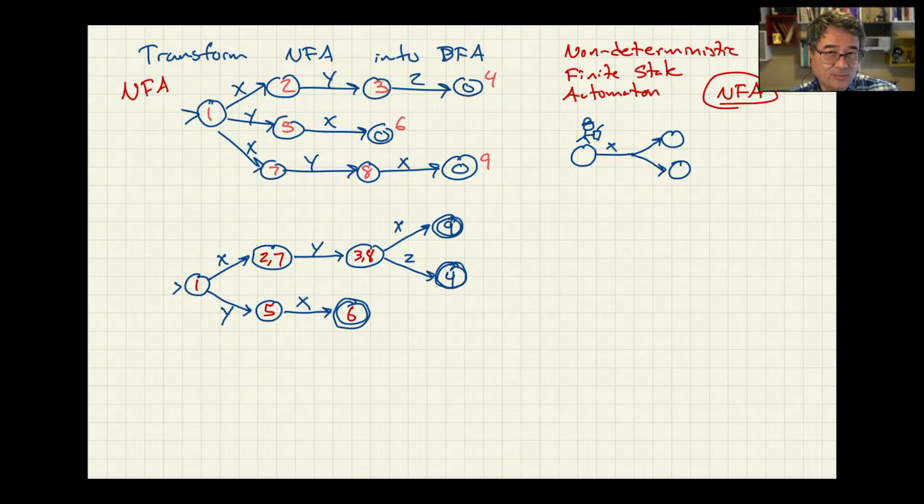Now, when we were talking to our cave explorer and she said there were no more doors, we just assumed that those were accepting states. But really, what we do is we look on our NFA map, and any state that's accepting in our NFA is also accepting in our DFA. So we can see that 4 and 9 are accepting in our NFA. So here they are accepting in our DFA, as well as 6.